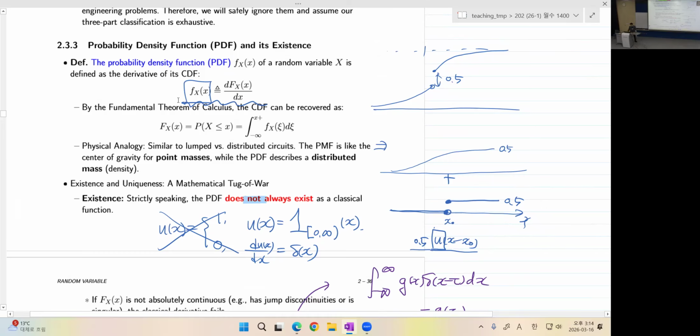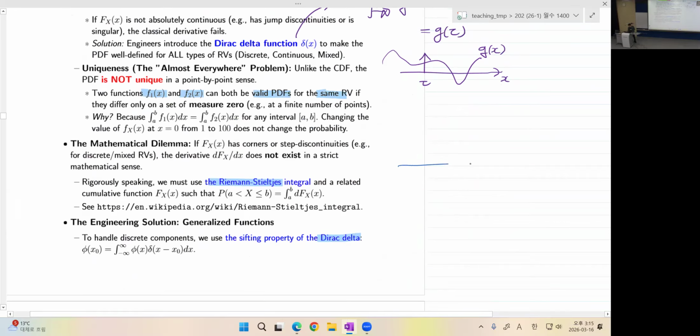The problem is that from the fundamental theorem of calculus, its integration must be the same as the CDF. The trouble is that suppose we have two functions that are exactly the same except at this point. They are different functions, right? Because they differ at x0.